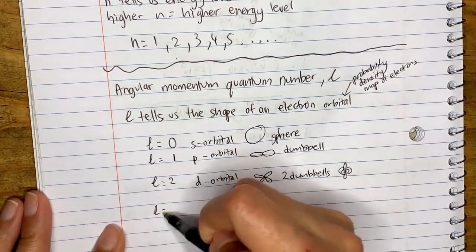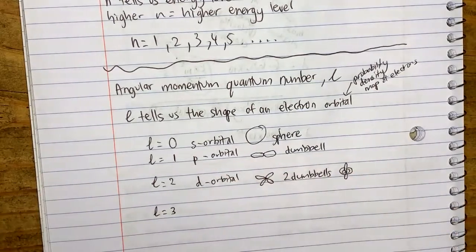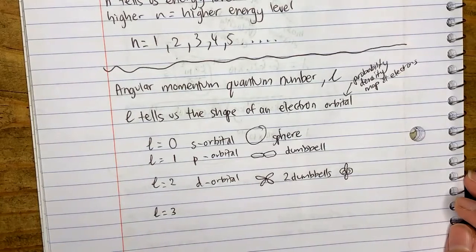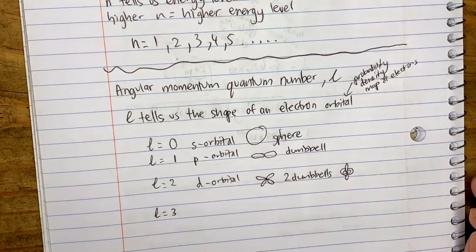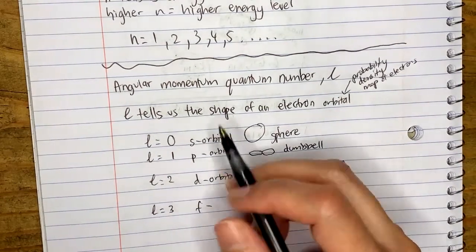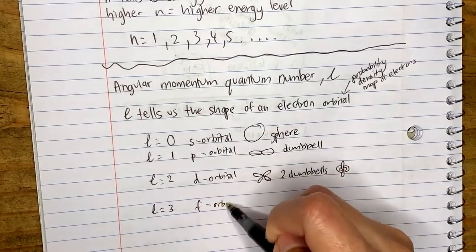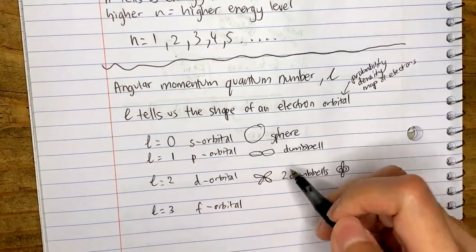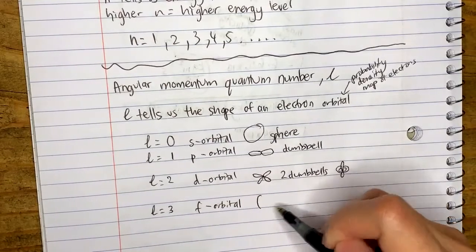And then L is 3. Those are the ones that we know of on our periodic table. There's more, but that's all we need to know right now because our periodic table shows you only up to F. So it's kind of cool. I'll show you how all these numbers are related in the periodic table. So F orbital, it's a complicated structure.